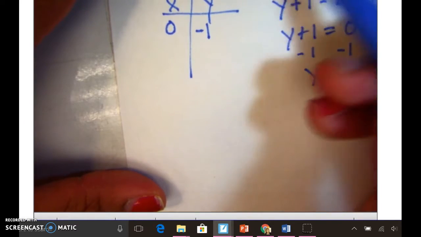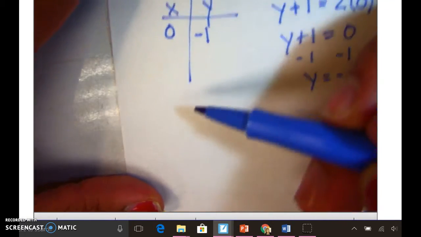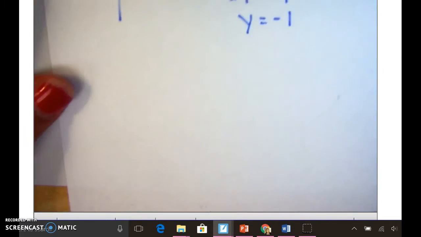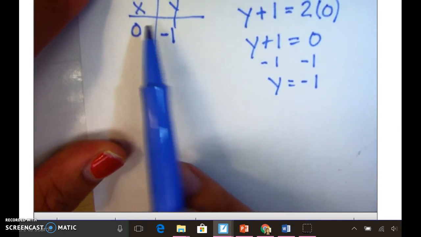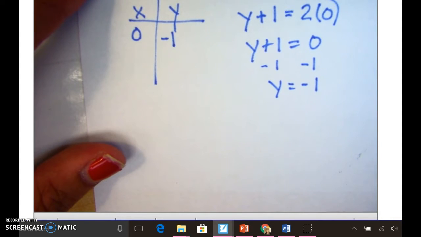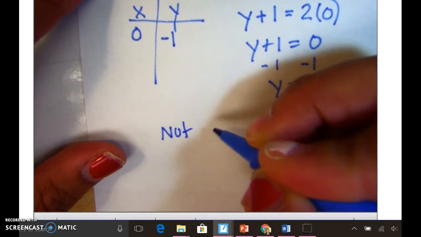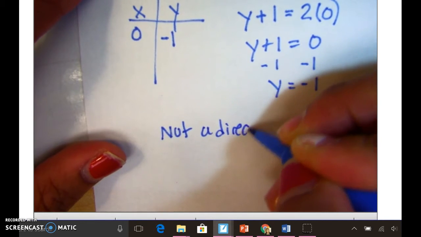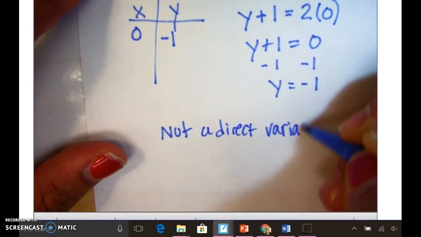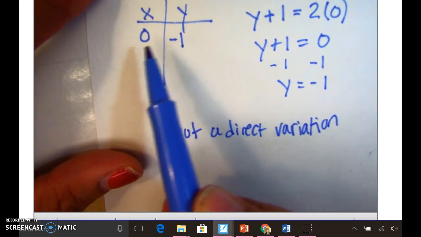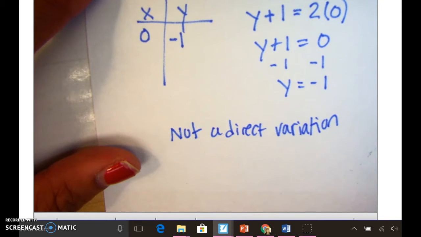I can put in more values to see if it's changing the same way each time, but I already know by putting in 0 for x, I should get 0 for y. And since I don't, then this is no. This is not a direct variation. And the reason why is because it will not pass through the origin. In order to pass through the origin, x and y both have to be 0.